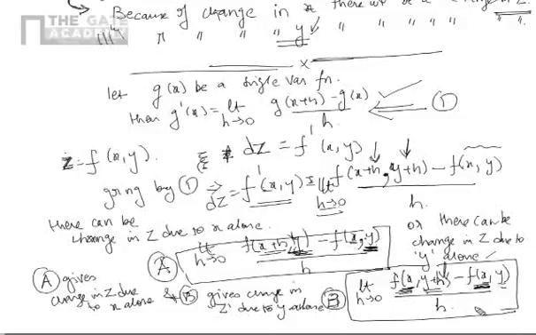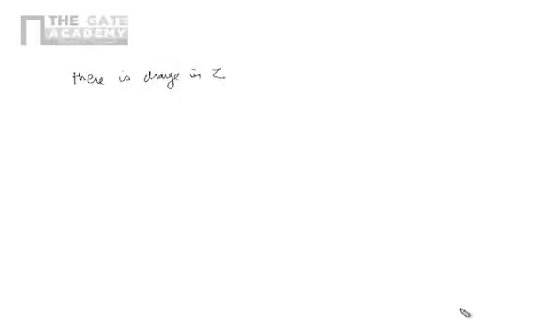Correct? Thus, we saw that there is change in z due to x alone. There is change in z due to y alone. And this, I call this as dou z by dou x.